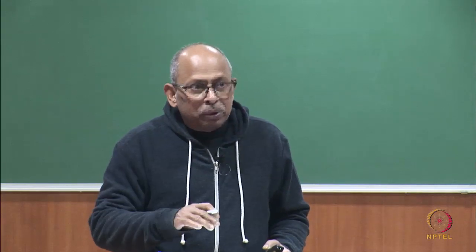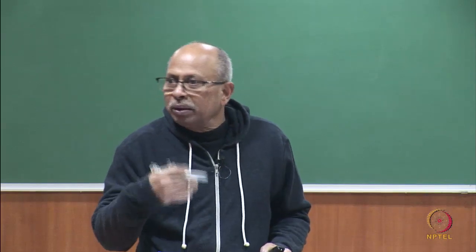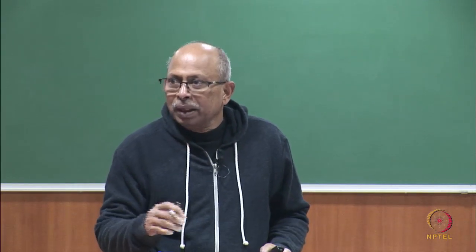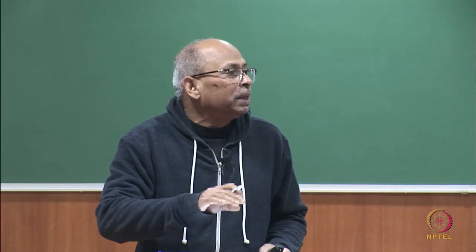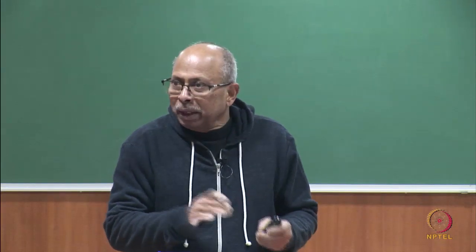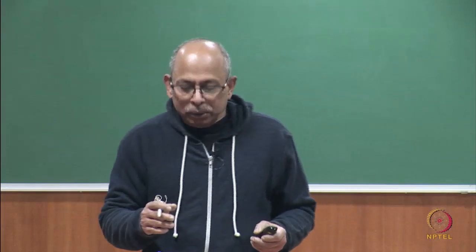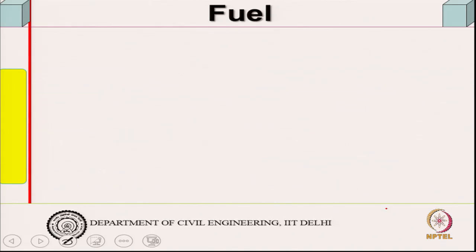Now, if it comes back to the water state, then all the heat is released. So, higher heating value corresponds to the water staying as it was combined in the fuel itself, that's why it's higher. Lower means water has gone as vapor, therefore that heat is not available for clinkerization or whatever it is.